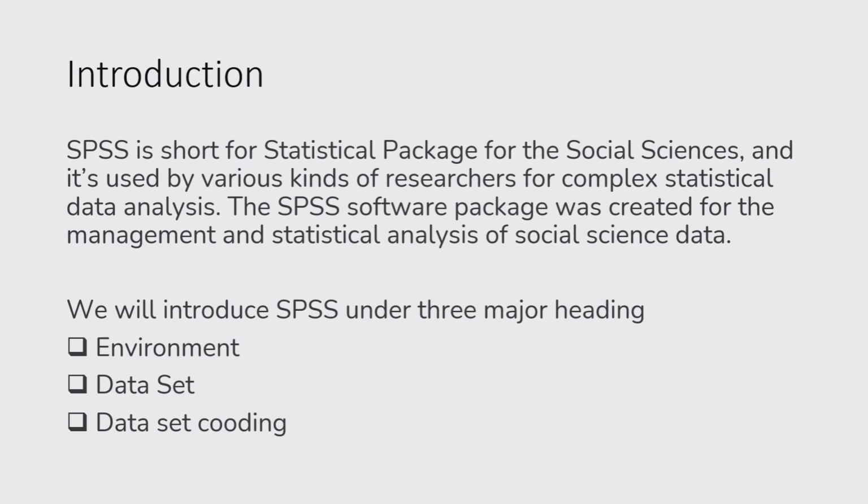SPSS was specifically created for those in the social sciences. Those who are doing pure statistics might not necessarily use this a lot, but it's always good to know it because there's still some research where you might need to use SPSS. But if you are into social science, then this is basically for you.